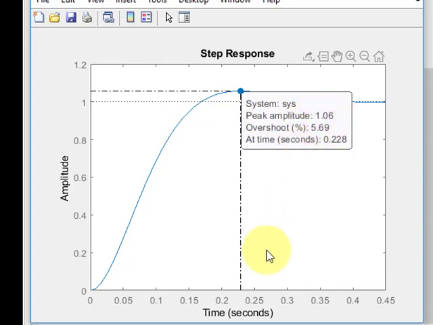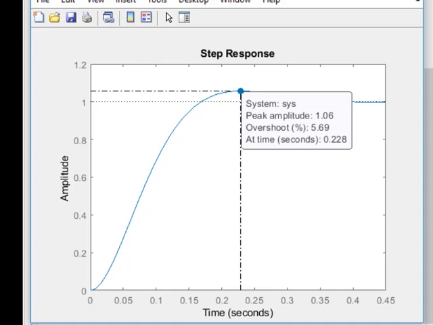This is the total amplitude Cmax in our formula, and the final value is 1. So if I know Cmax, that is 1.06, and the final value 1, then (Cmax minus final value) over the final value into 100 is one way to determine the percentage of overshoot. And by knowing the zeta value also, we can determine the percentage of overshoot.